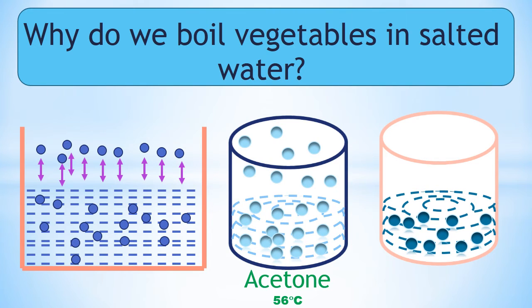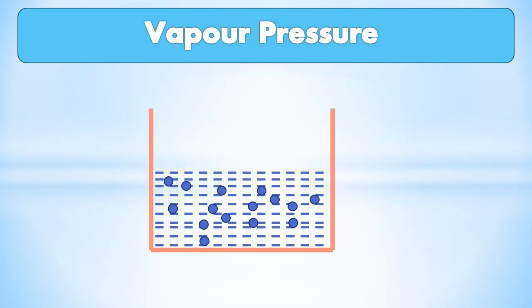Water is a non-volatile liquid at room temperature, hence it would be having less number of molecules existing in its vapor state. Its boiling point is 100 degrees Celsius. Vapor pressure is defined as the amount of pressure exerted by the molecules in the vapor state of any liquid just above its surface.